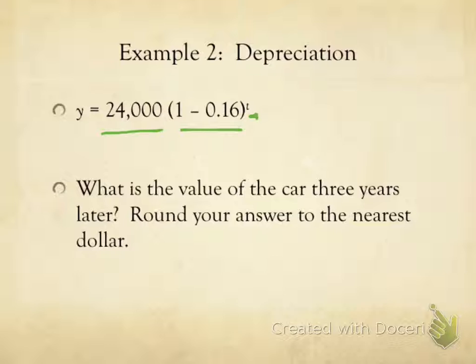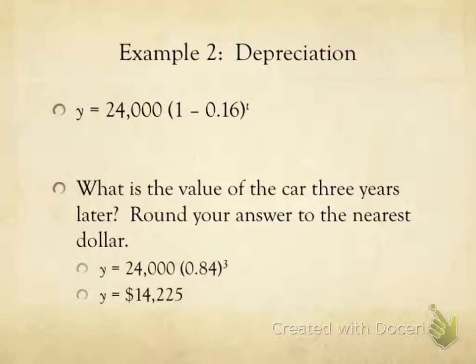Now, what is the value of the car 3 years later? Well, now we're looking for 3 years as our time. And so when we substitute that into our model that we wrote here, we'll see that the value of the car 3 years later is about $14,225.